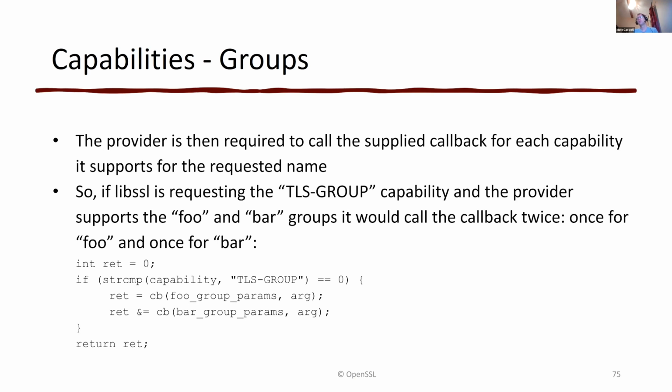It would call the callback twice, once for foo and once for bar. And the code might look a little bit like what's on the screen there. It checks to see if it's being asked about the TLS group capability, and then it calls its callback twice, passes in data about the foo group, and passes in the arbitrary argument that it was supplied, and then it does the same for the bar group.